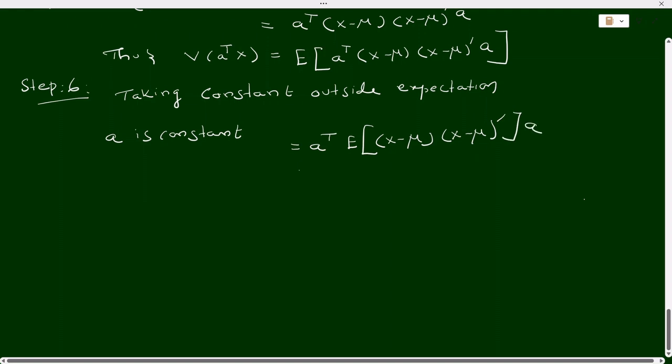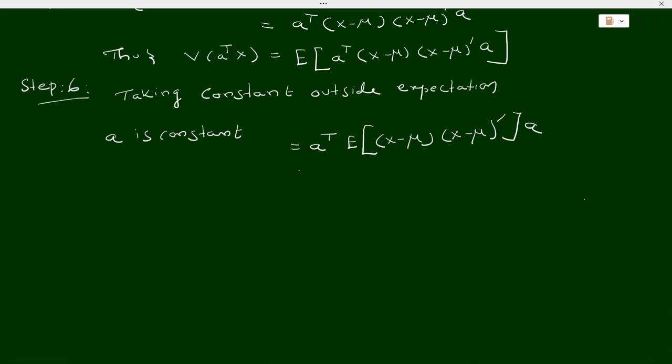The expectation of this is nothing but capital sigma. Therefore, variance of a transpose x is equal to a transpose capital sigma, that is the variance covariance matrix, into a.